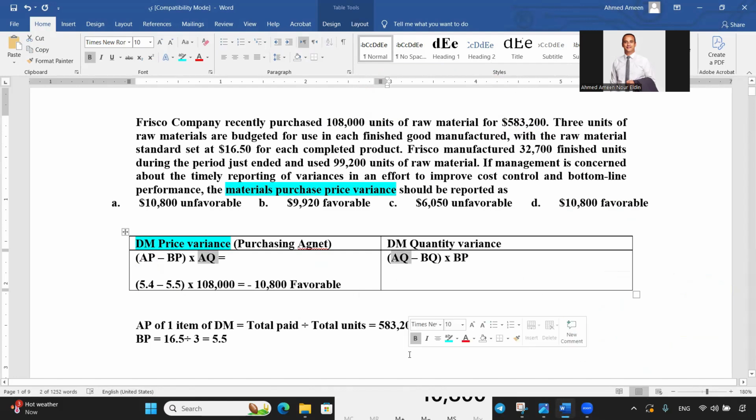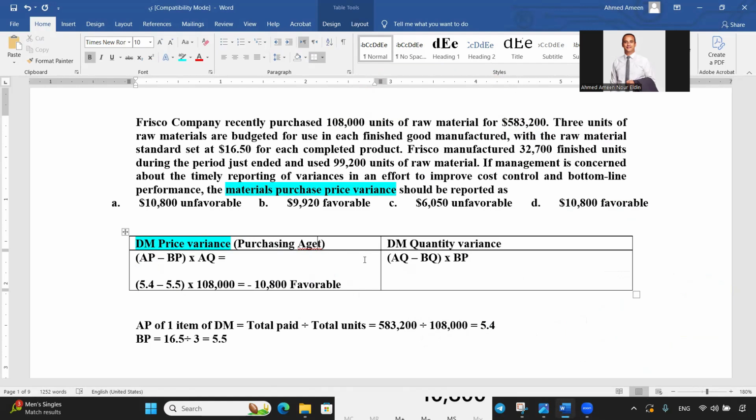Here is the major difference. When we are asking the purchasing agent, we are asking him about the actual quantity he bought. While the actual quantity here is not the actual quantity in the direct material price variance.